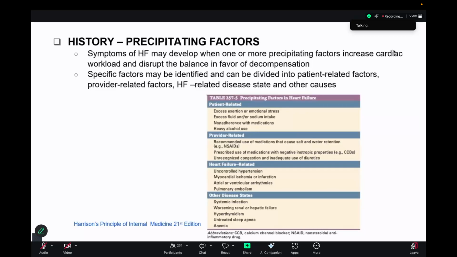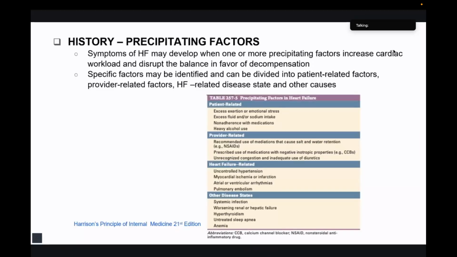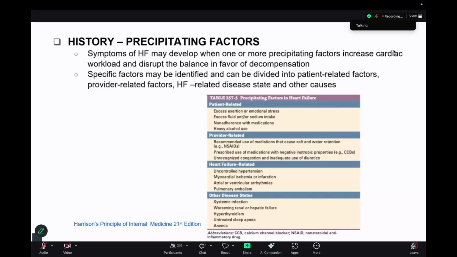Next in the history, we look for precipitating factors. Patients with heart failure may be asymptomatic or mildly symptomatic, either because the cardiac impairment is mild or because compensatory mechanisms help to balance or normalize the cardiac function.